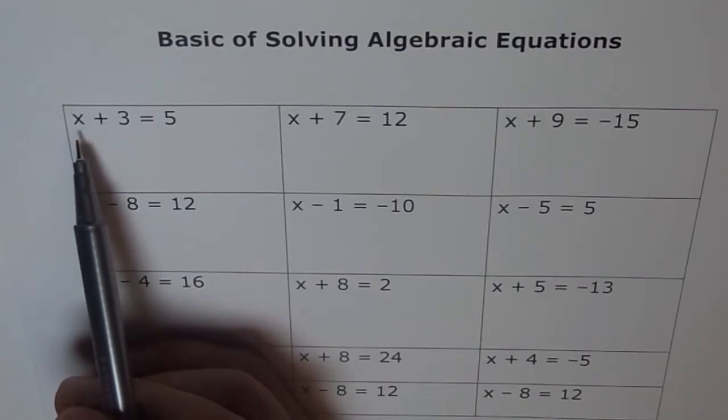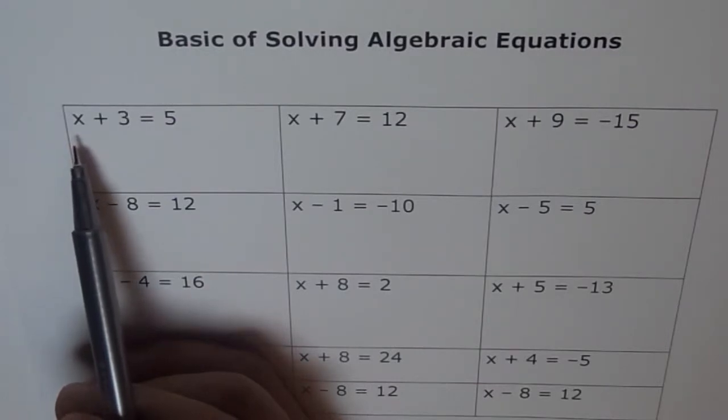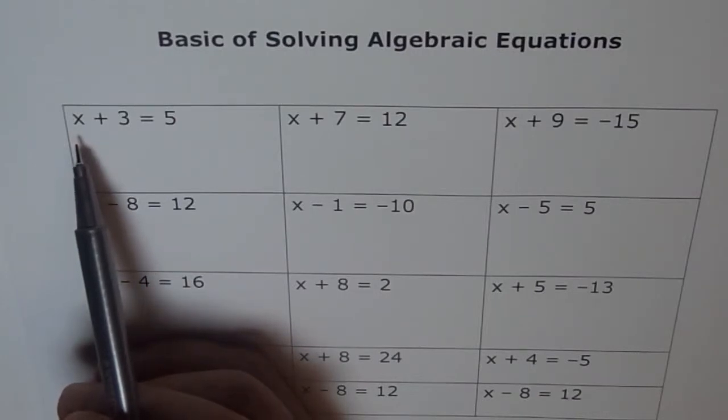So the x value is 2. Very simple. I have taken very obvious and simple examples because I'm not trying to trick you with numbers or impress you with numbers. I'm trying to make you understand the concept of how to find x even if the equation is complicated.